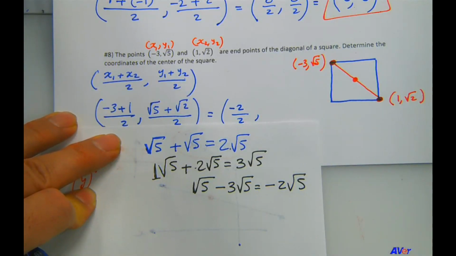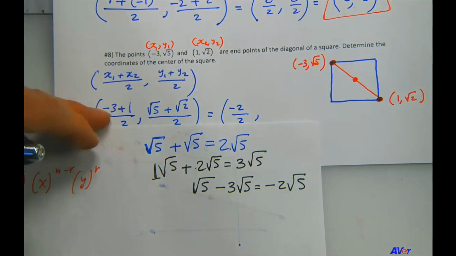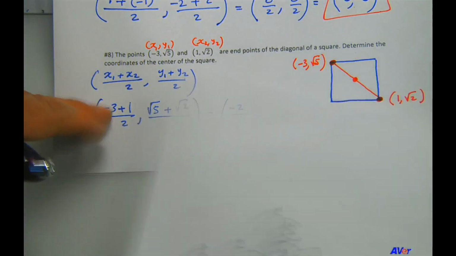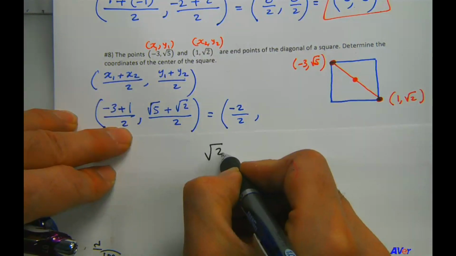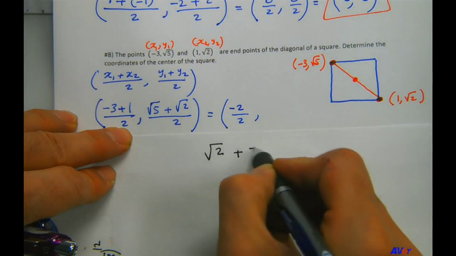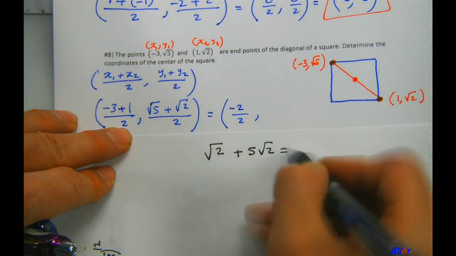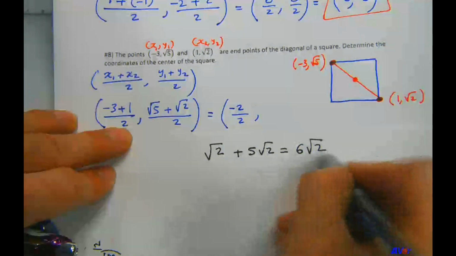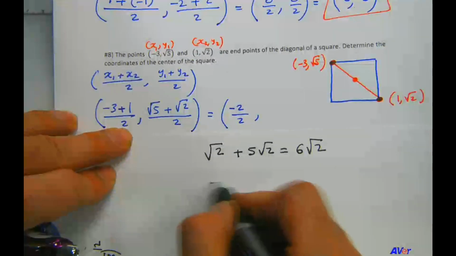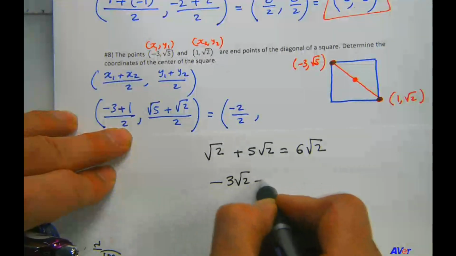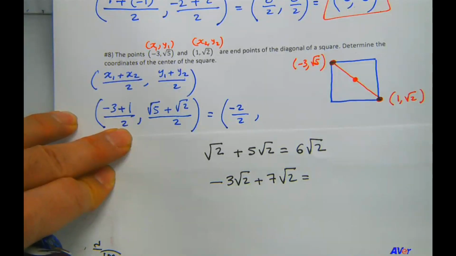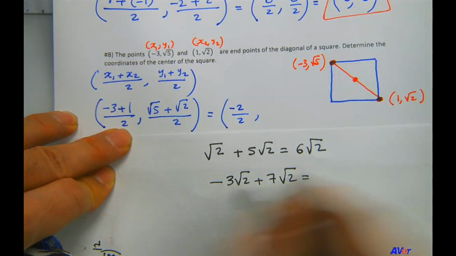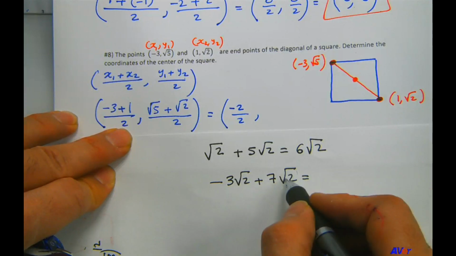By the same token, if you had square root of 2 plus 5 square root of 2, you could write 6 square root of 2. If you had minus 3 square root of 2 plus 7 square root of 2, you could write 7 minus 3, because the square root of 2's are the same.